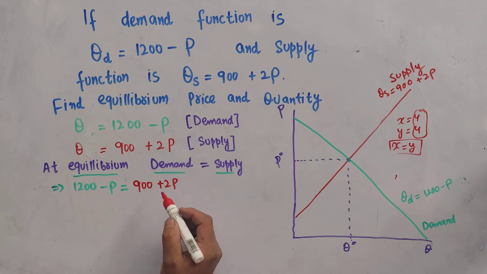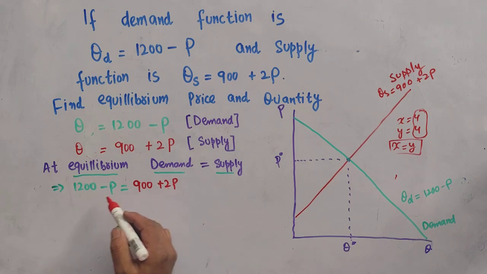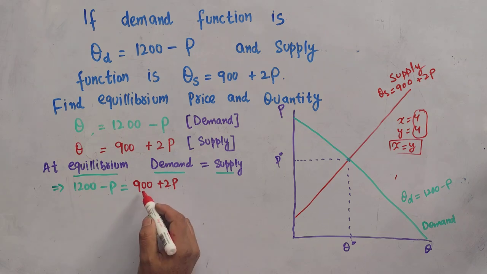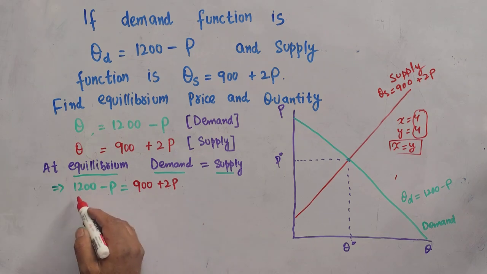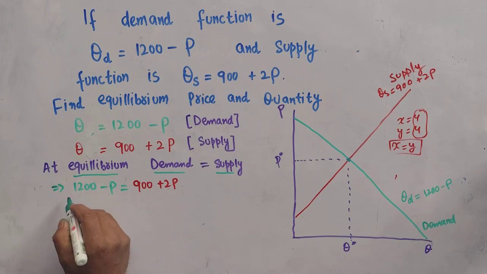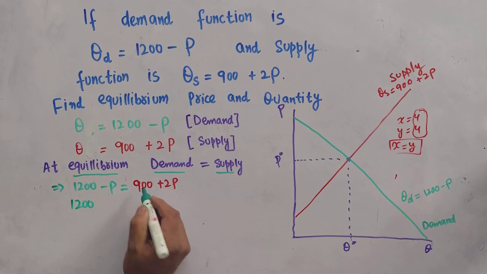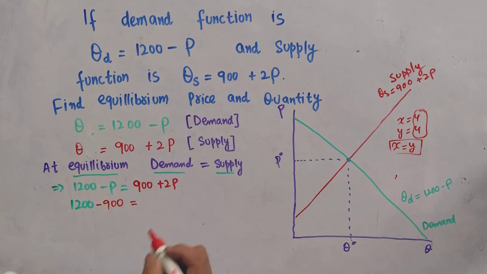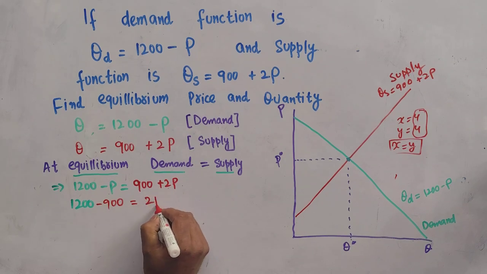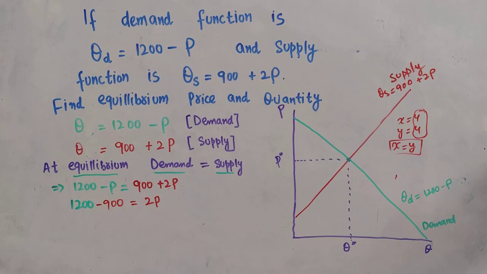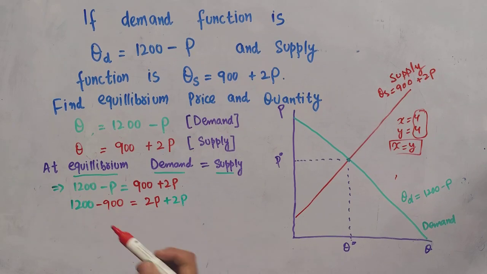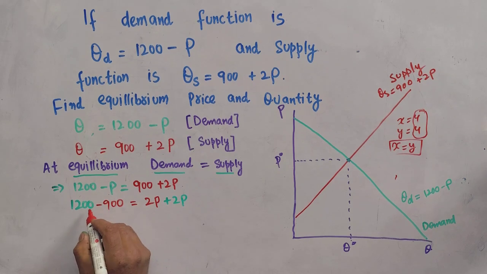Now solving this, let us transpose this P to the RHS, it will become plus 2P. And let us transpose this 900 here, it becomes minus 900. So we have 1200 minus 900 is equal to 2P plus P. Here 1200 minus 900 is 300.